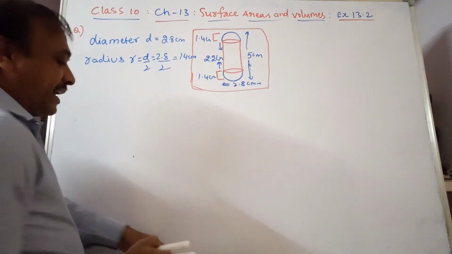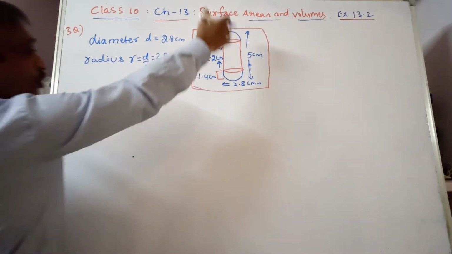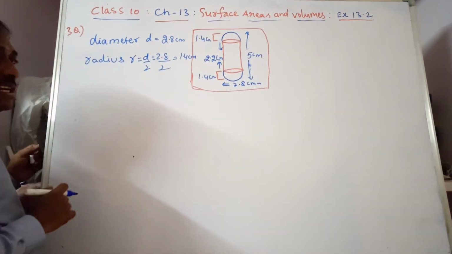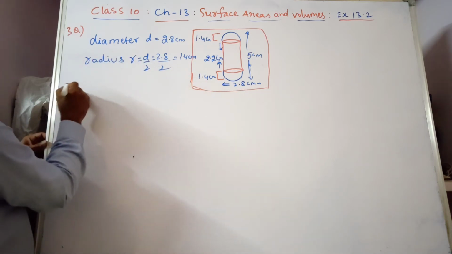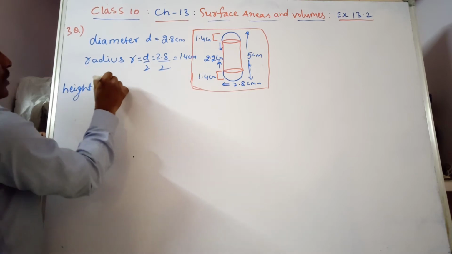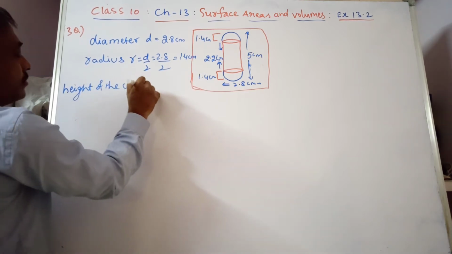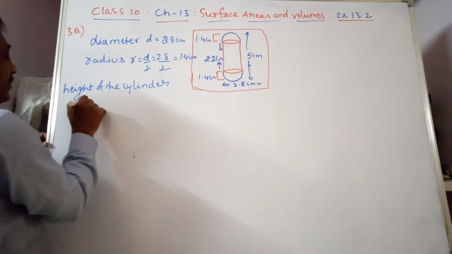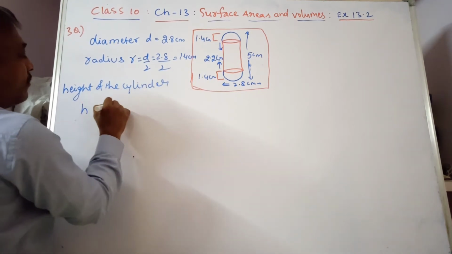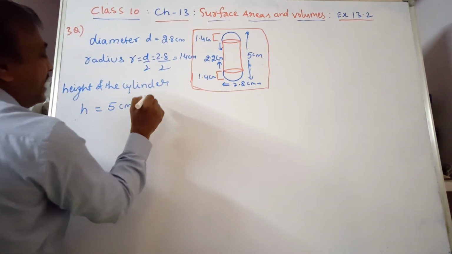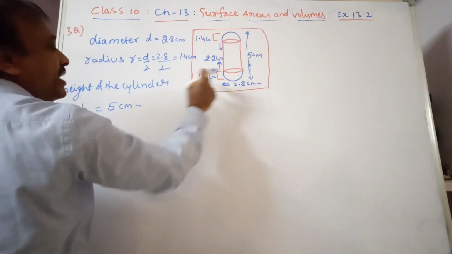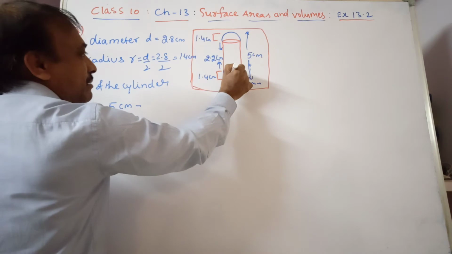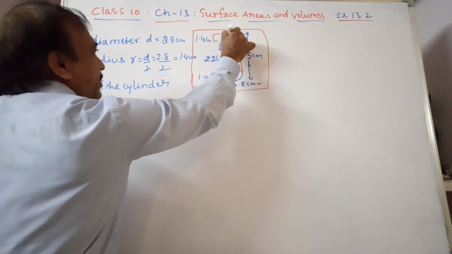Next, the height of the cylinder. The total length of the gulab jamun is given as 5 centimeters. This is the radius of the hemisphere as well as of the cylinder. How to get the height of the cylinder? H is equal to 5 centimeters minus, from here to here 1.4 centimeters and from here to here 1.4 centimeters, which is the radius.